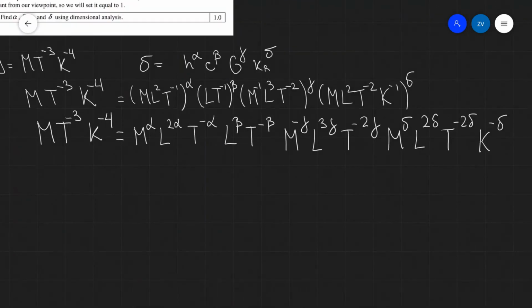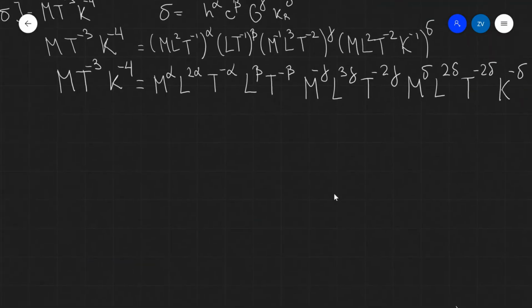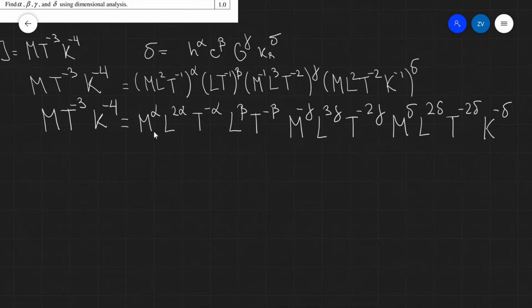Next step will be to simplify the right hand side of this equation. As you can probably agree, it's a little bit messy at the moment, so let's gather together all the factors of m. I have m to the power of alpha, m to the power of minus gamma, m to the power of sigma. Let's put them all together.